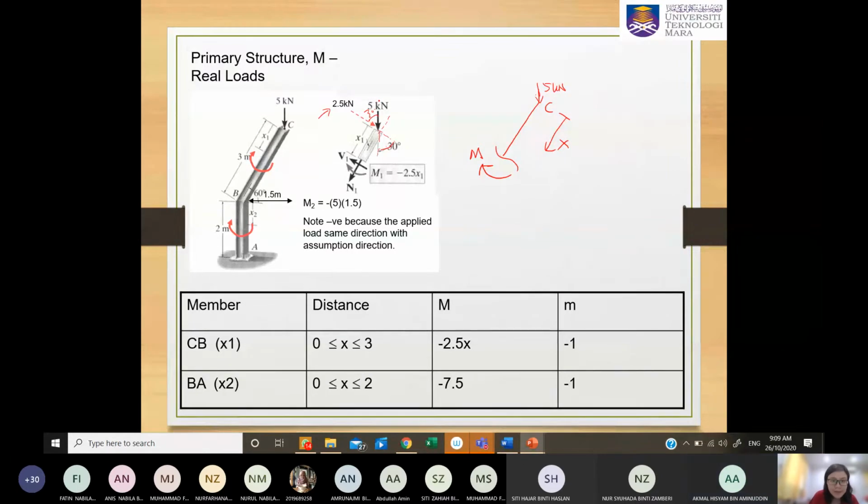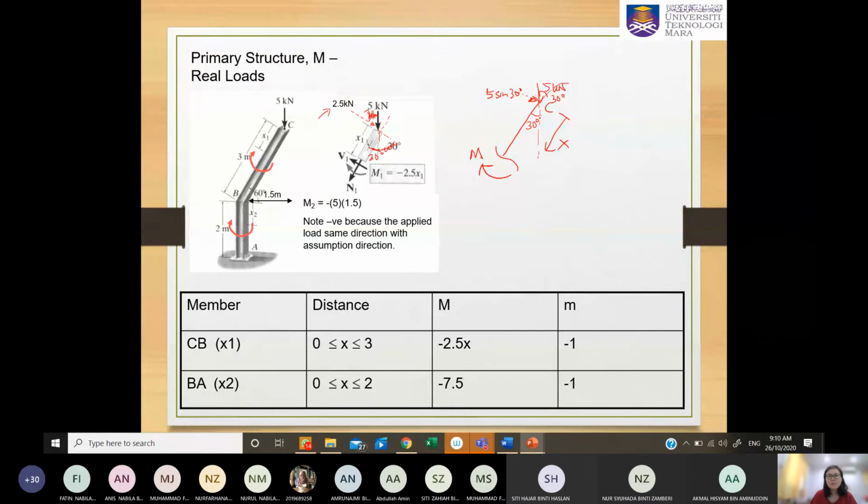Yes, but where is the 30? Let me check again. Maybe I draw it myself here. Oh, 30 is not here. 30 is here. Sorry about this. Okay, knowing that 30 is here, you want to resolve into perpendicular. So it is 5 sine 30, and you get the 2.5 here.